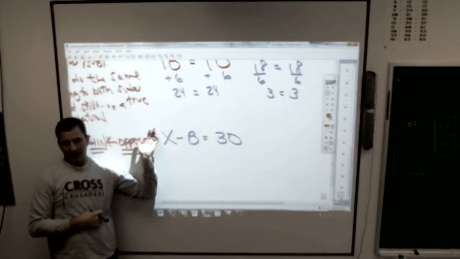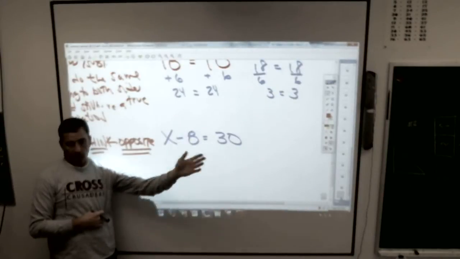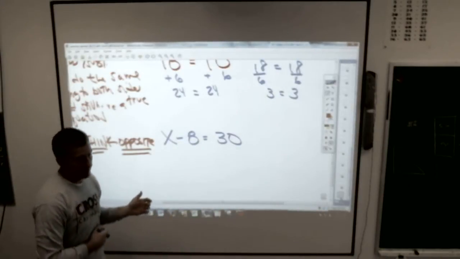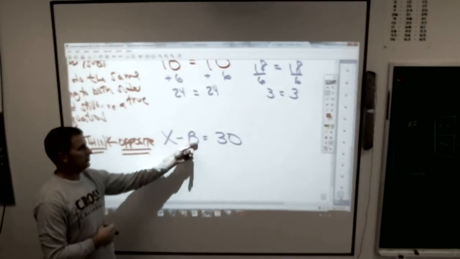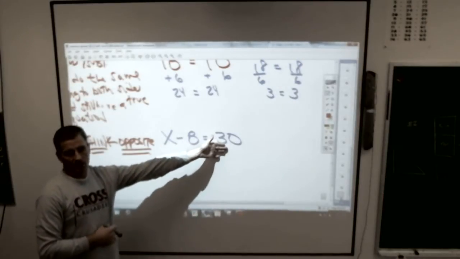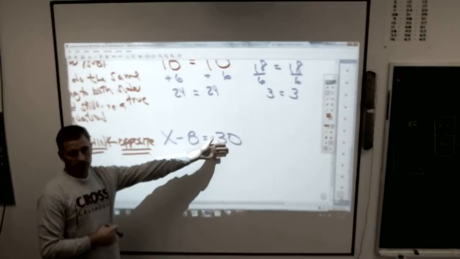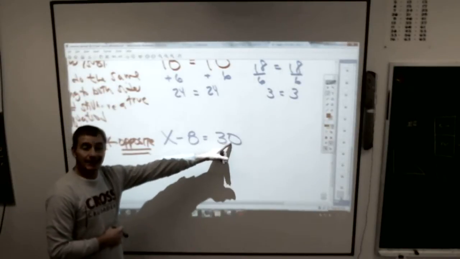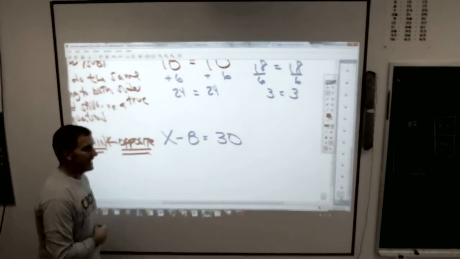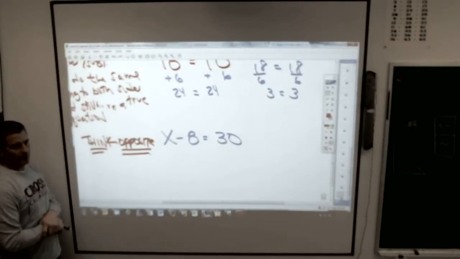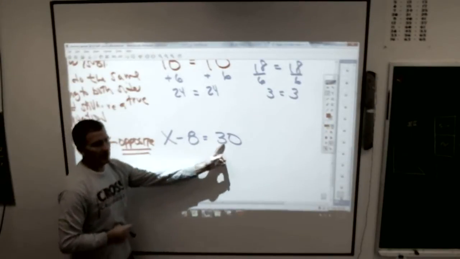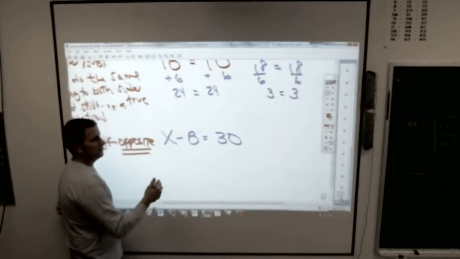You need to solve this, you think the opposite of subtraction, which is addition. Now, when you solved it by inspection, Tyler, you said, what number when you subtract 8 from it gives you 30? 38. And how did you get that? Well, you added 8 to 30. But now, when you see this, it's no longer by inspection. You're going to have to write this down, and you just do this. You think opposite.